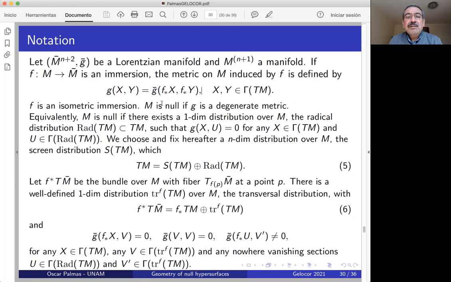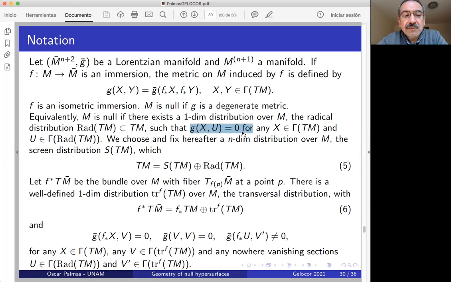So we will consider the case where G is a degenerate metric. As before, we may define all these objects, the radical distribution, which satisfies these kind of things.